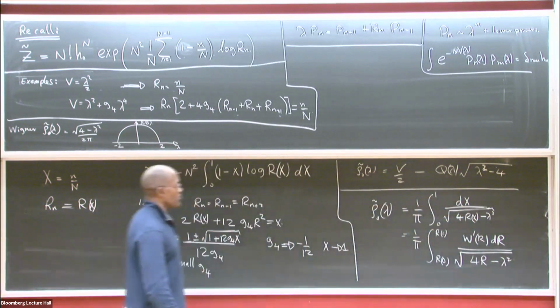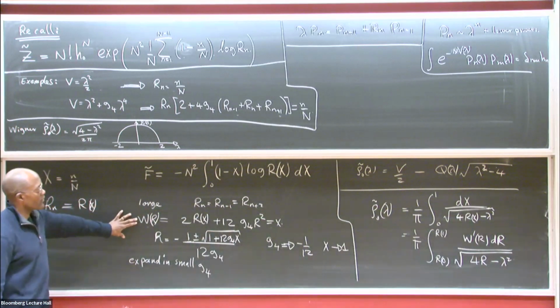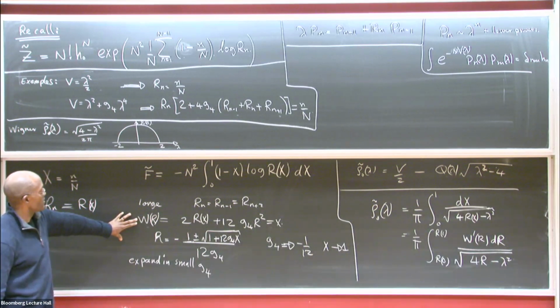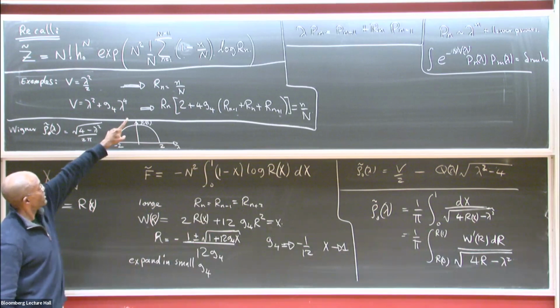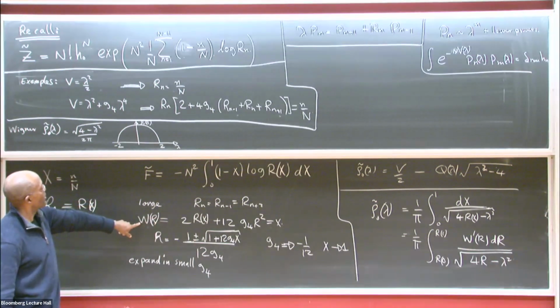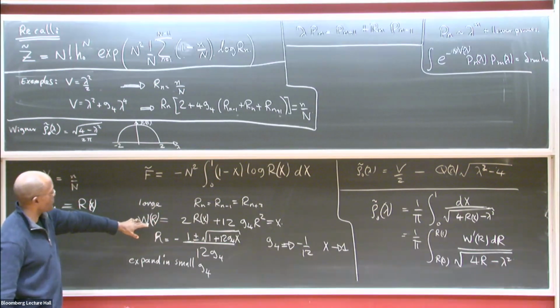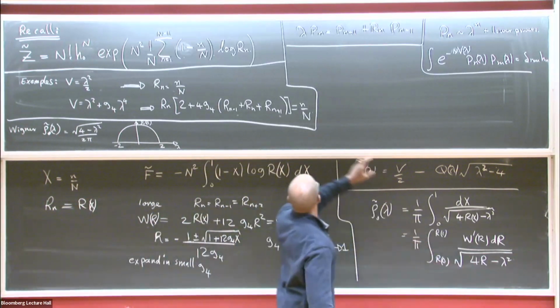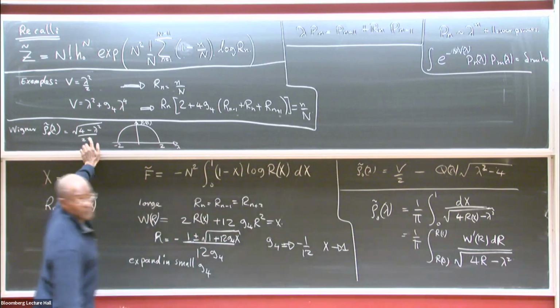So then I just need to compute what w of r is. In fact, you can probably immediately see that for the case of the Gaussian, r is x, so w of r is r, so w prime is just 1. And there you can see precisely this comes out.